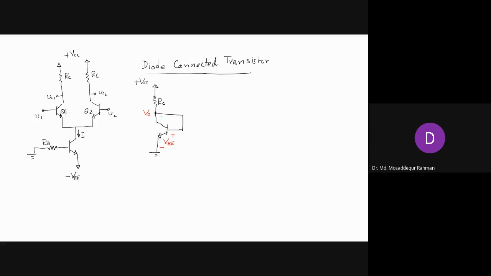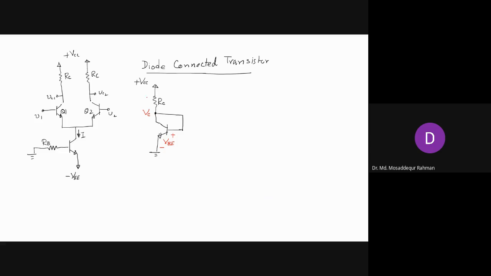So basically, it's kind of a diode. You're applying this forward bias voltage and it works like a diode. Though it's not a diode internally, from the outside it appears that it's like a diode. So that's called diode connected transistor.